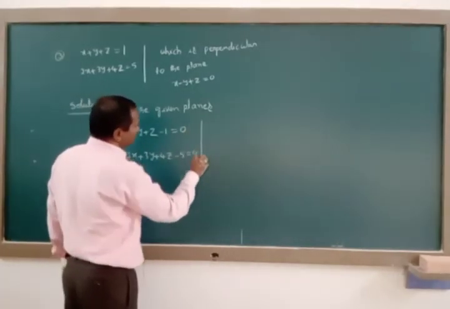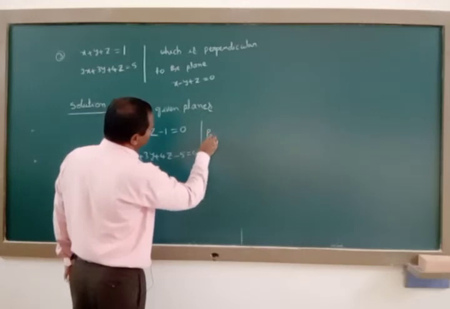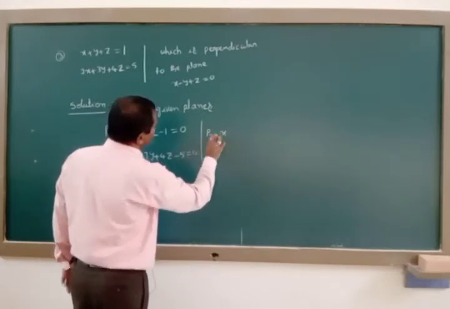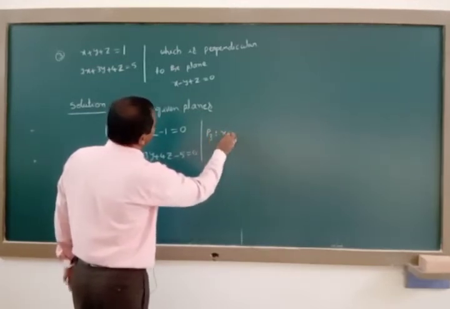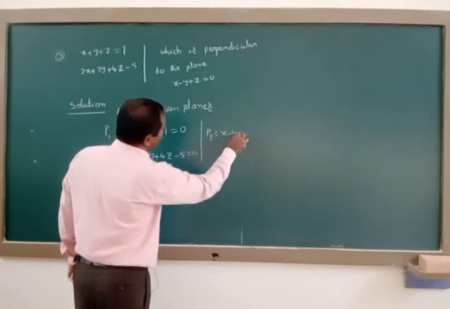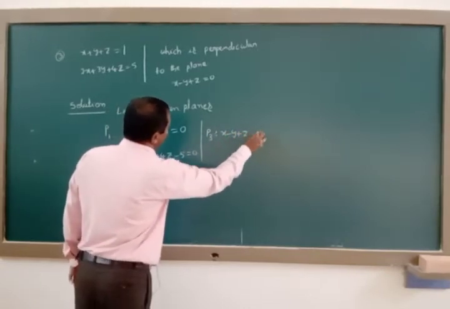Besides that, consider P3 also. P3 is x minus y plus z is equal to 0.